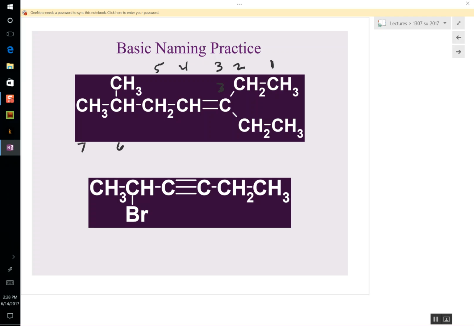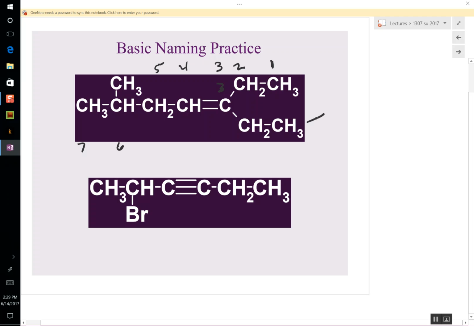Because if I started at this end, I'd have 1, 2, 3, 4 before I get to the start of that double bond. If I start up here, it's 1, 2, 3. Either way, you've got this left over and that left over. But we now know what carbon they're on.